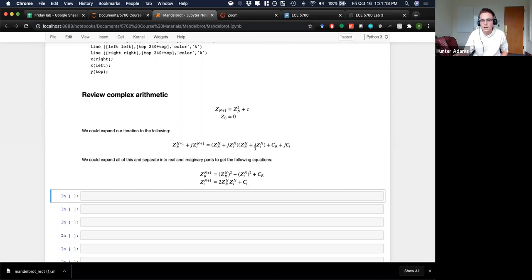JZI times JZI is J squared ZI squared. The definition of the imaginary number J is that J squared is -1, right? So we end up with ZR squared minus ZI squared plus the real part of the constant C. And then we can write down a separate expression that includes all of the imaginary parts.